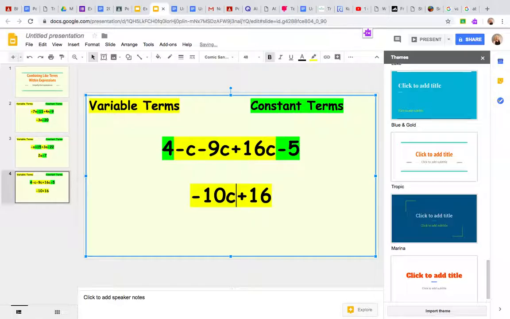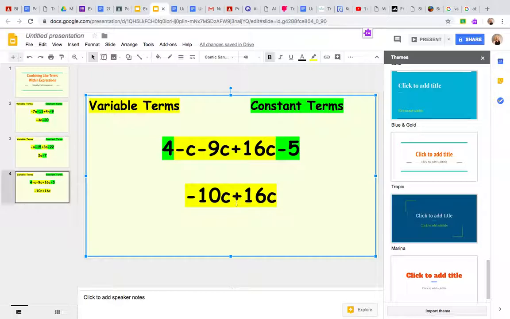And I actually should have put a C there. Now I'm just trying to simplify this because we've got 3 different ones that we're combining. Now when you're looking at this, you've got a -10C plus 16C. We remember that the rule is that if we have opposite signs, we're going to be subtracting.